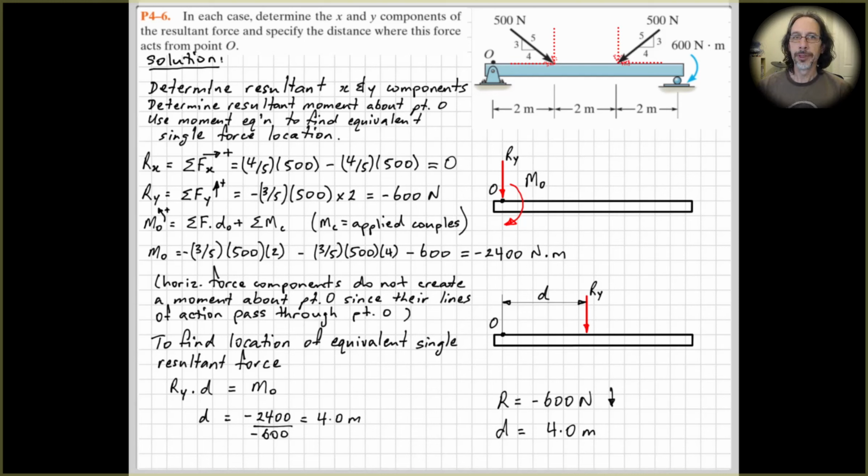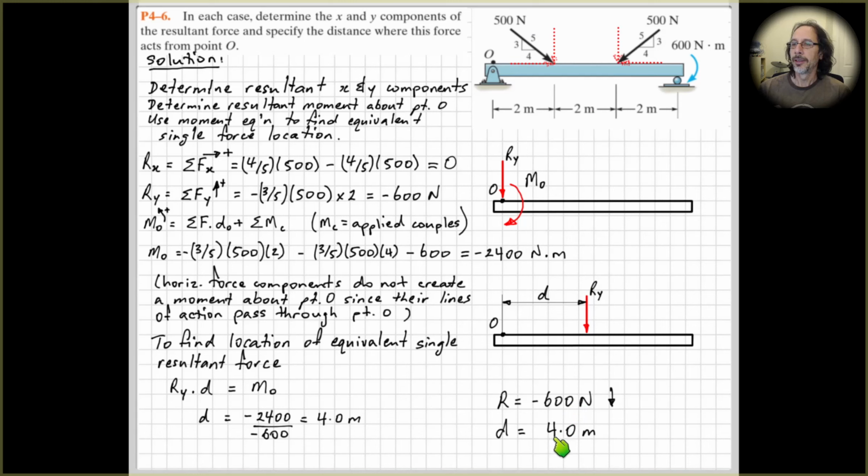So just reiterating our solution, we got our resultant force is minus 600. Hopefully you can see that pretty obviously from up here. The 2 horizontal forces cancel out. Vertical component here, 3/5 times 500 is 300. 300 plus 300 is 600 in the negative direction. So that's what we got.